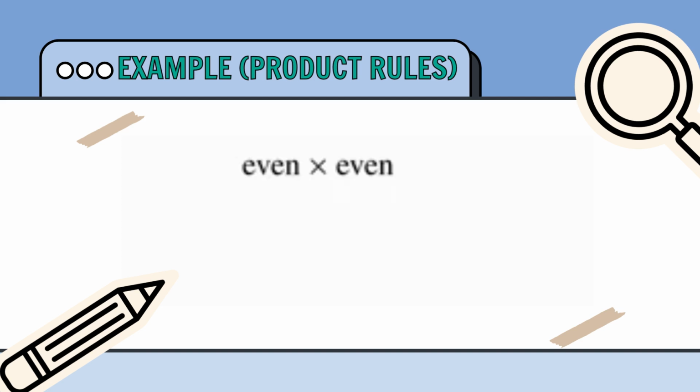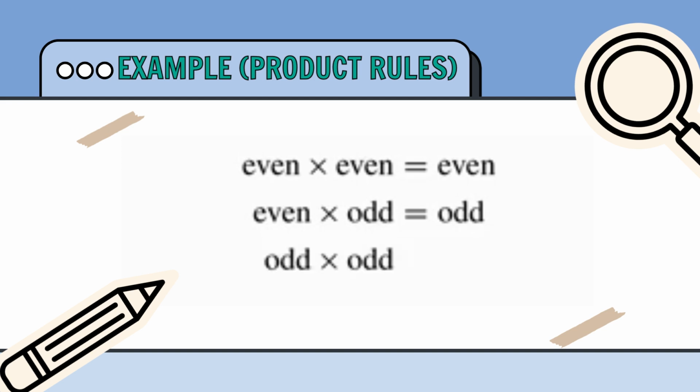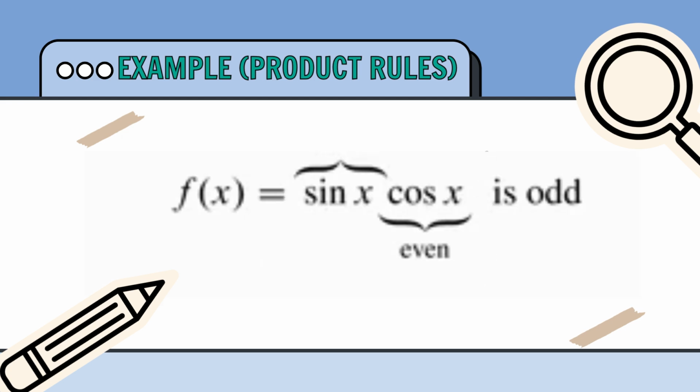Any product of two even functions always produces an even function. Any product of an even function and an odd function always produces an odd function. And any product of two odd functions always produces an even function. Thus, sin x times cosine x is an odd function.